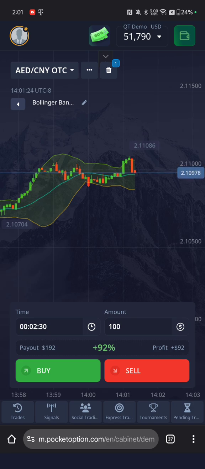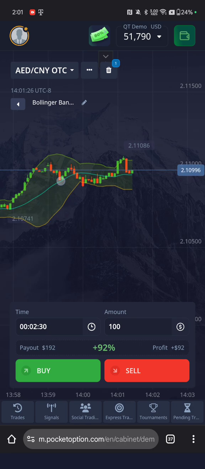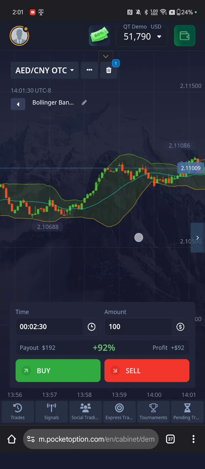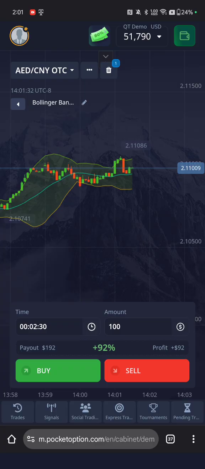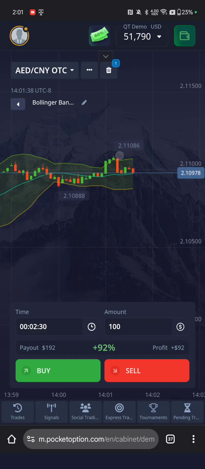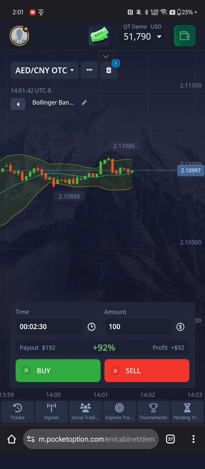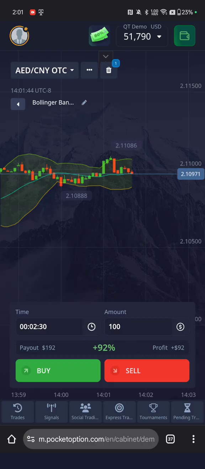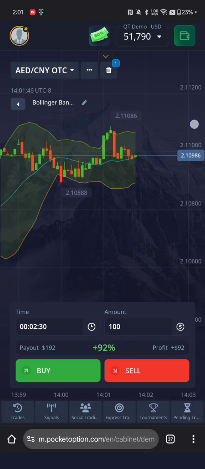So this middle line, the light green line, is showing us the average of what we're looking at right here. And it's that average that allows us to know if it comes up above the top line, we know it's way above the average, and it will more than likely need to come down. See, that's how that works.